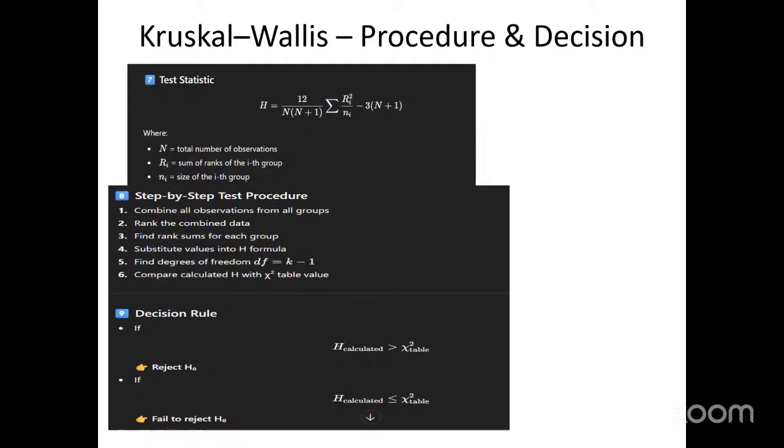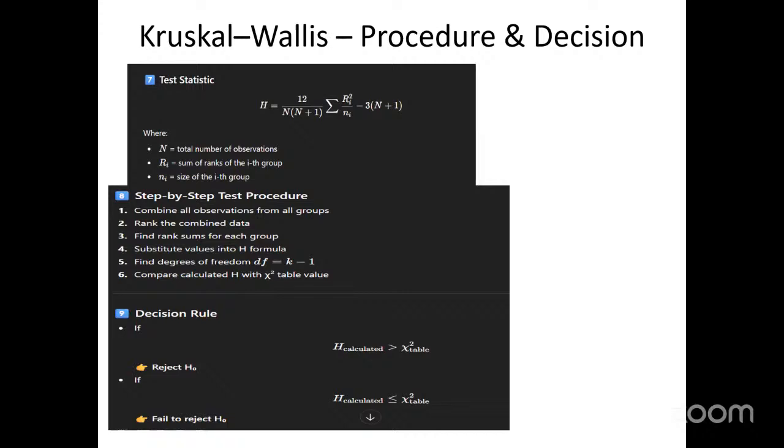For group 1, Ri is the sum of the ranks of group 1 and Ni is the sample size of group 1. But the capital N is the sum of all the observations, that is N1 plus N2 plus up to, suppose, Nk.